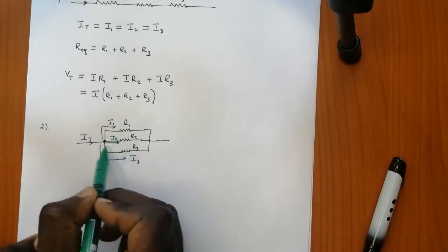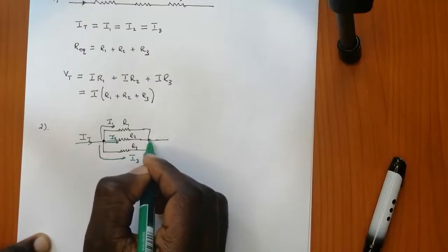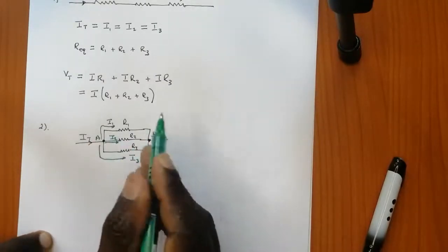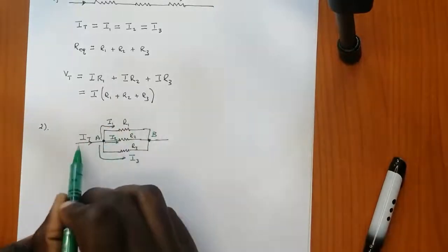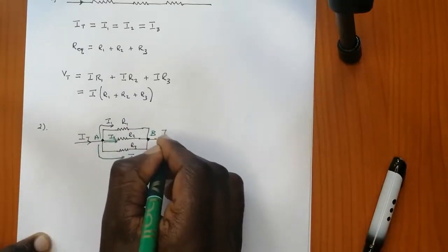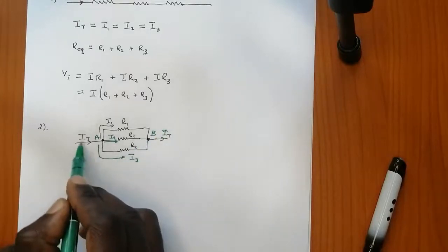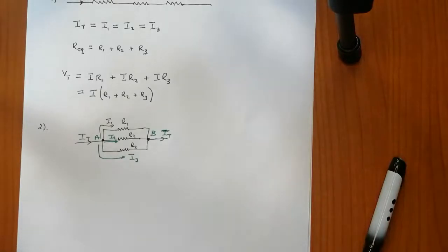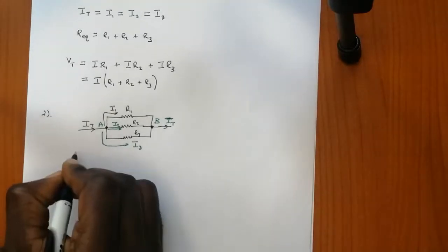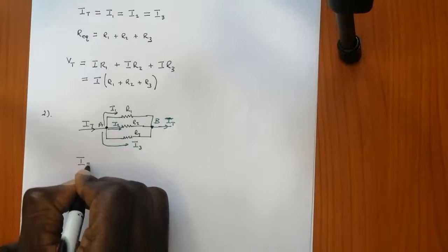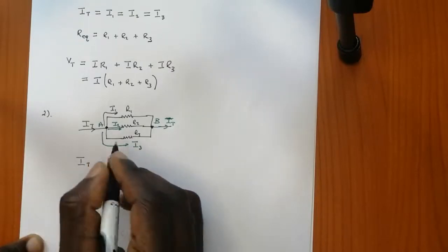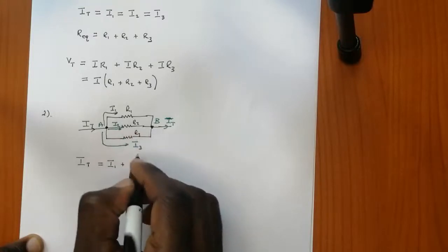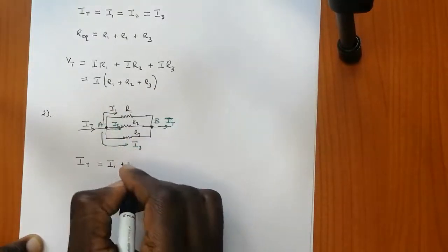So all these currents, when they come to this junction, let's say at point B, this being your A, at point B they need to combine, and your I total will be the same as the initial current that was supplied. So what we're saying is I total in this case will be equal to the sum of all the currents in the resistors separately.